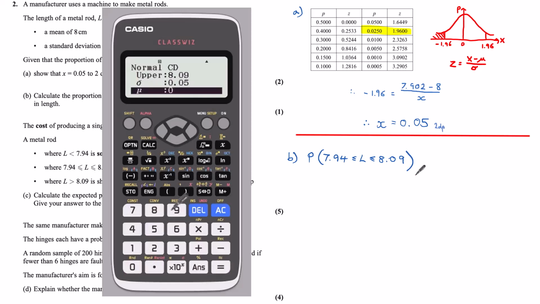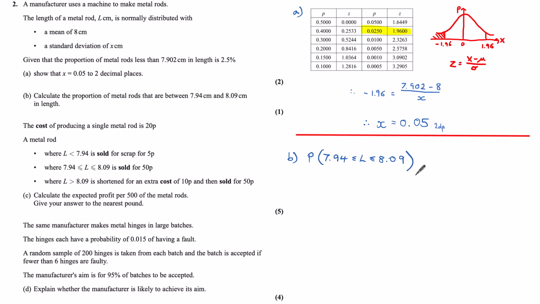And my mean value is 8. And we get our probability to be 0.8490 and so on, or 0.849 to 3 significant figures.